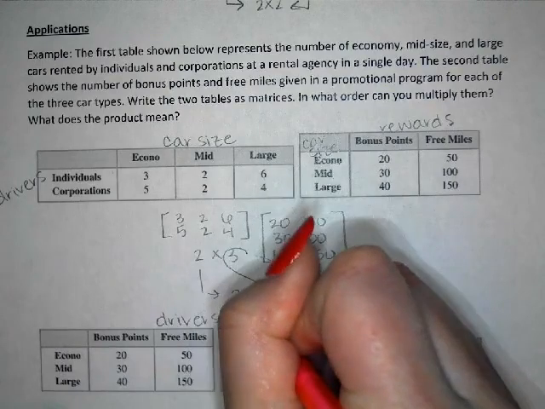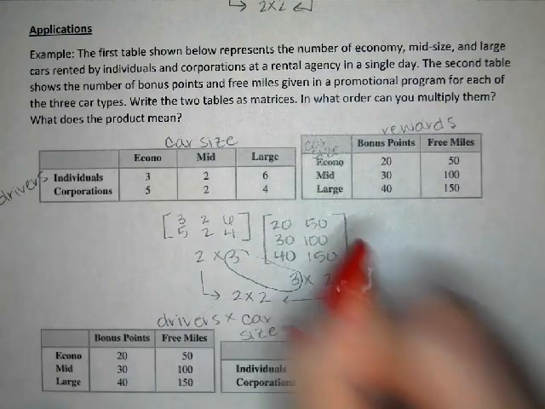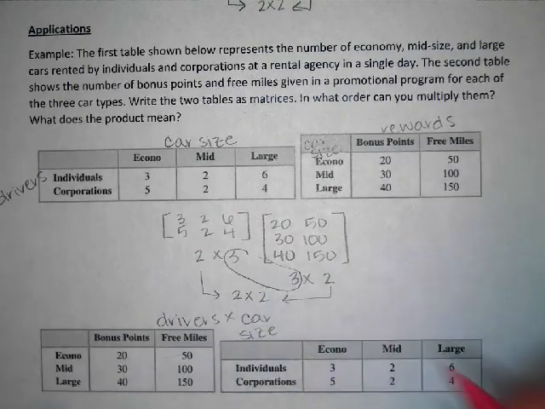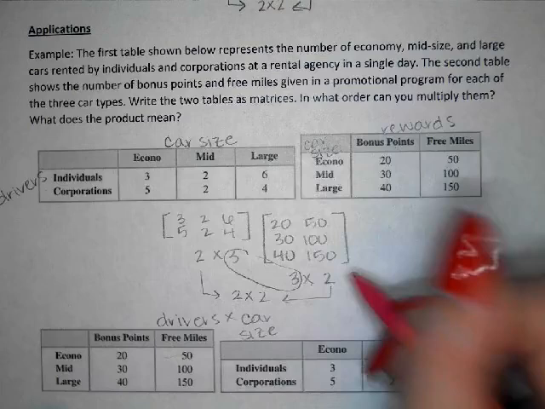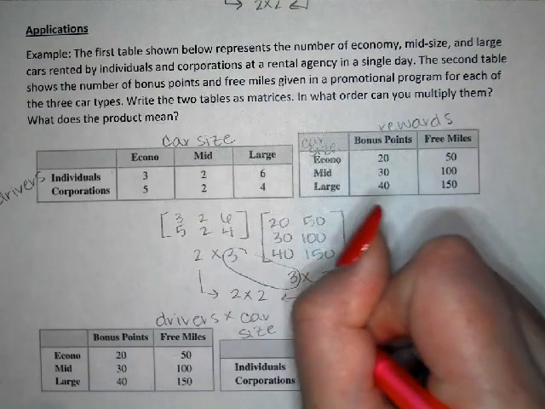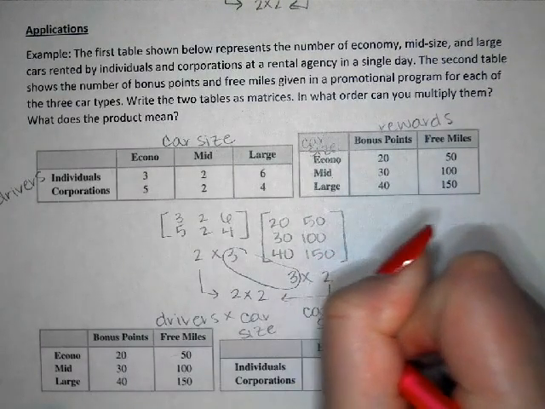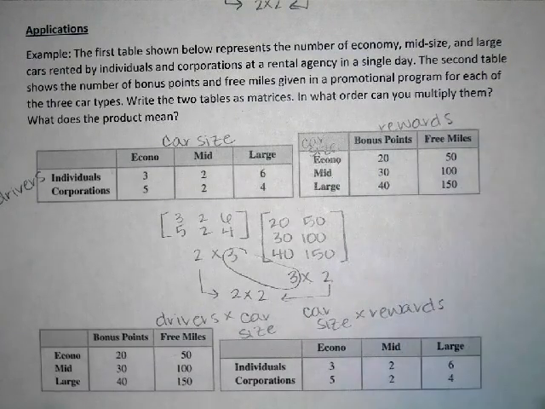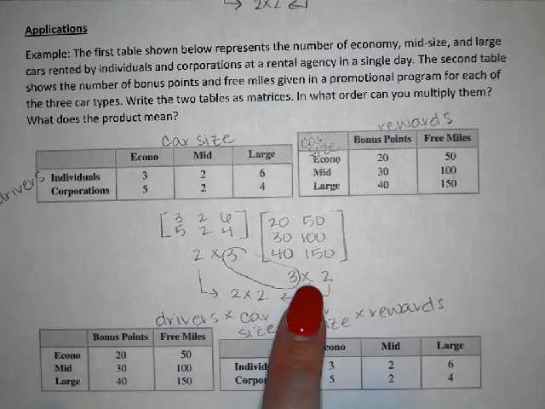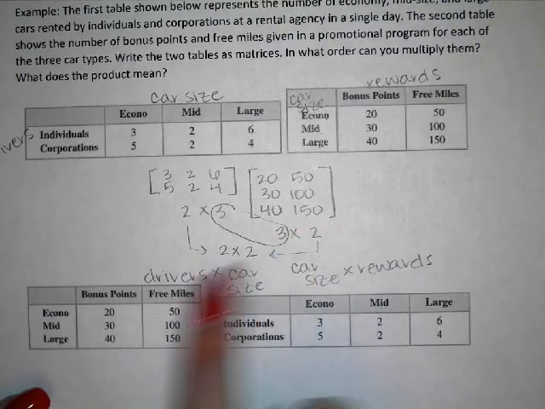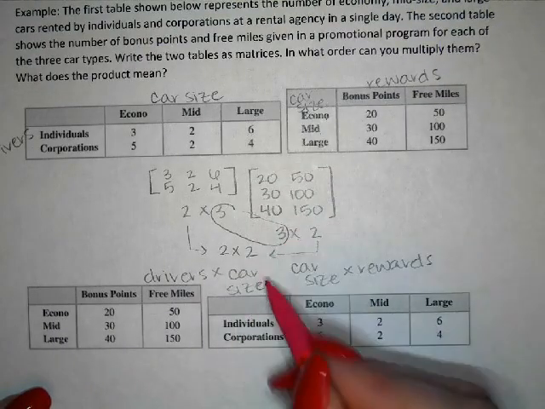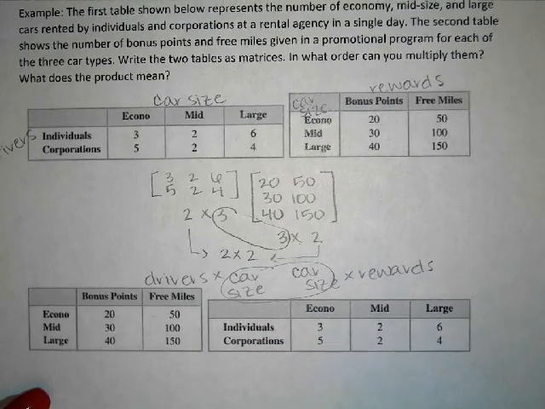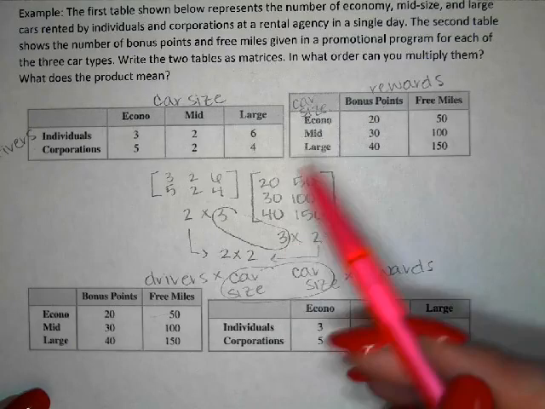So when I say 2 by 3, it was 2 drivers by 3 car sizes. And then over here, when I say 3 by 2, it was 3 car sizes by 2 types of rewards. And so now if I look not just at the number of the dimensions, but at the units of the dimensions, I can see that the middle dimensions both represent car size, and they're even the same car sizes, and they're in the same order, which is important: econo, mid, large.